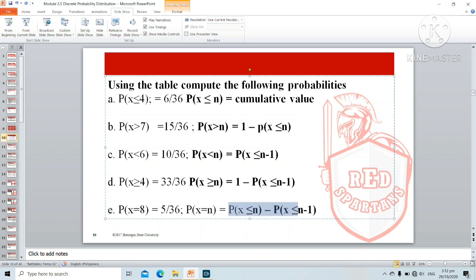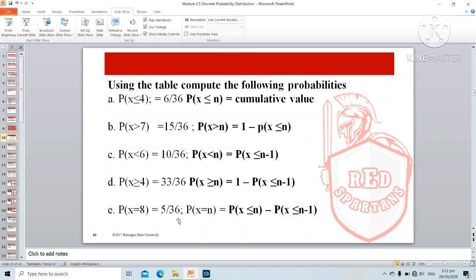So, yan yung ating formula kapag equal yung hinahanap. So, yan. Na-derive na natin yung 5 kapag less than or equal, kapag greater than, kapag less than, kapag greater than or equal, at saka pag equal.